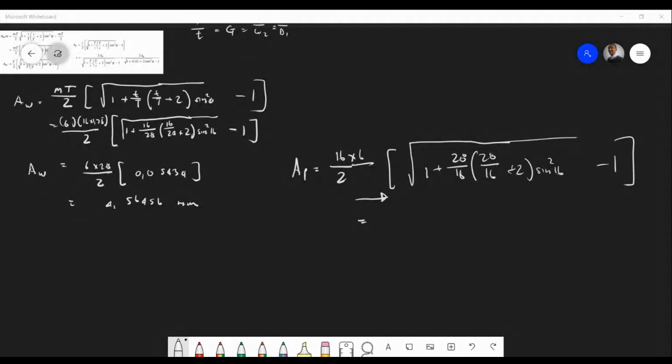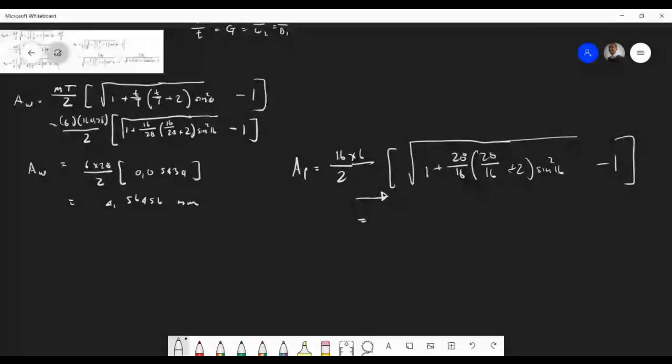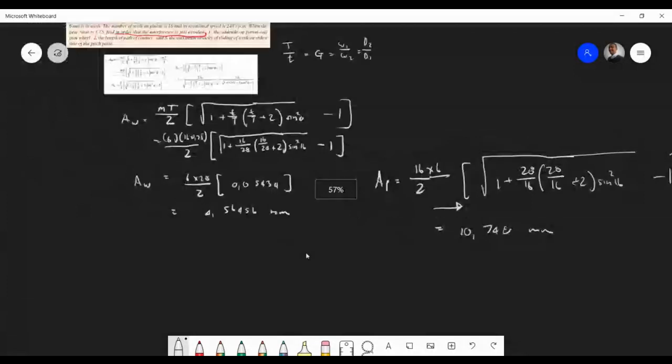I think it might be correct. 10.748. Yep, that's definitely within the range. 10.748 millimeters.